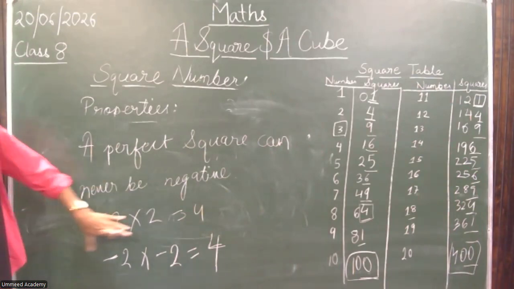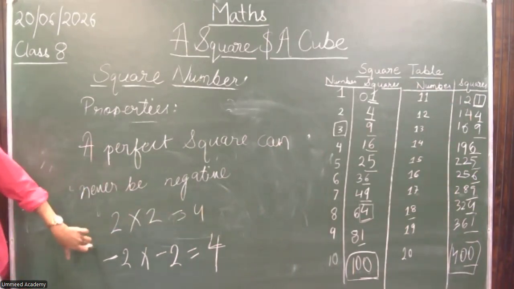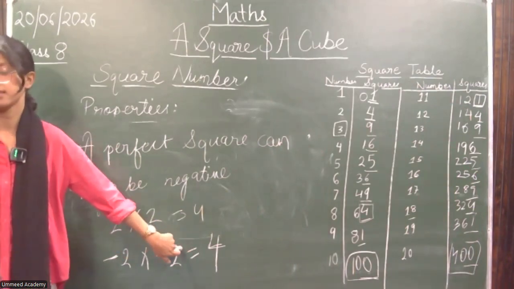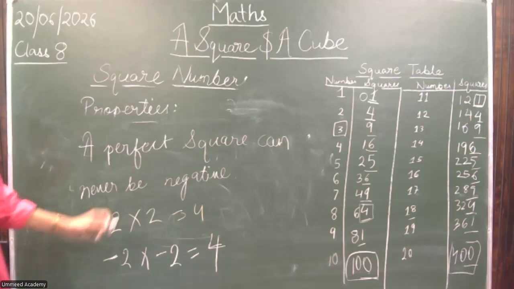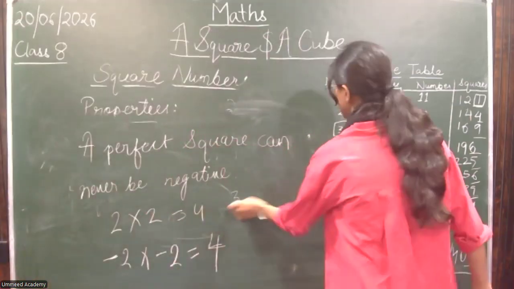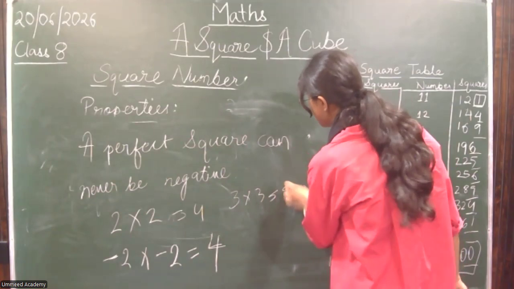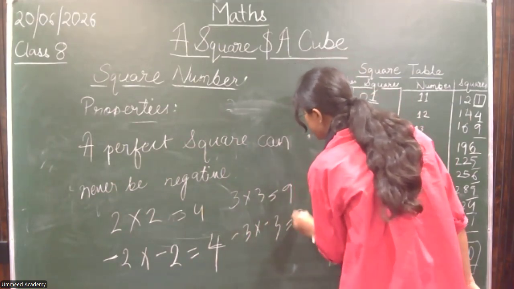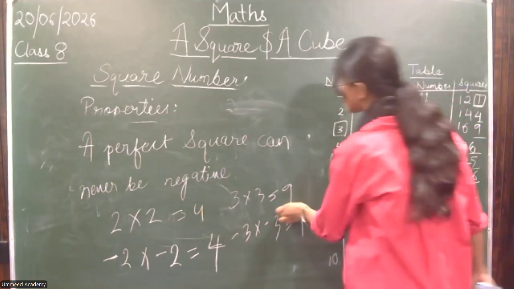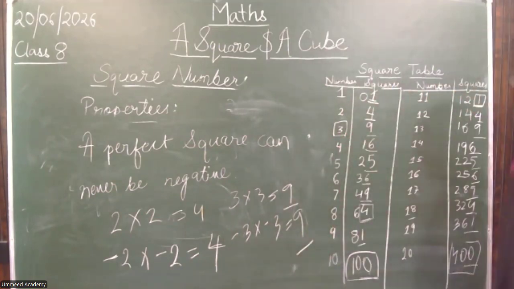So a perfect square can never be negative. Look, 2 into 2 is 4 and minus 2 into minus 2 is 4. Clear? Likewise, 3 into 3 is 9. Minus 3 into minus 3 is also 9. So a perfect square can never be negative. Clear?